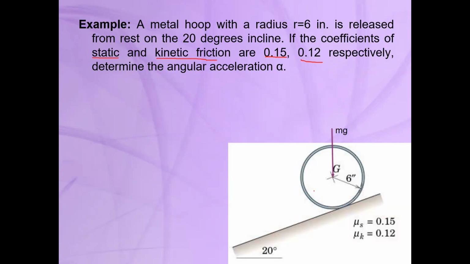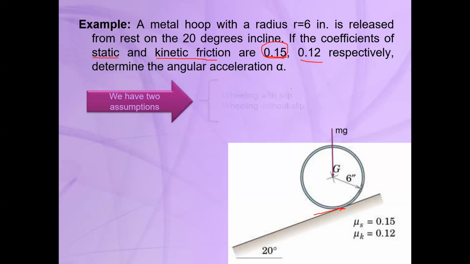If the friction force between the wheel and the surface is less than the maximum friction force, which is the static one, your assumption is correct. But if you find that this friction force is more than the static friction force, your assumption is not correct, and you should solve the problem again, this time assuming with slipping.